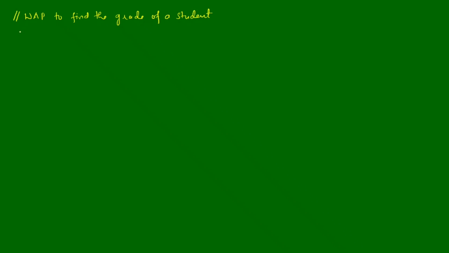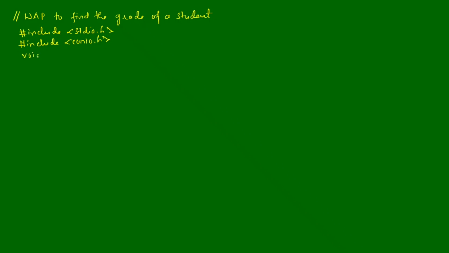Now, let us begin with the preprocessor directives. I'll write hash include in the angular brace stdio.h header file. Next preprocessor directive is hash include in the angular brace conio.h header file.